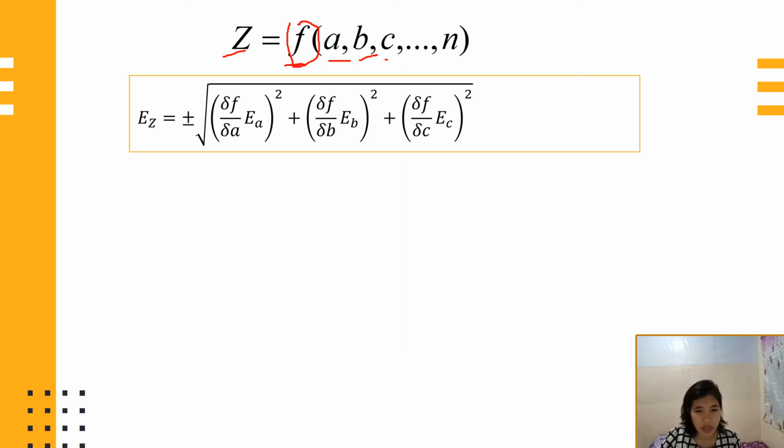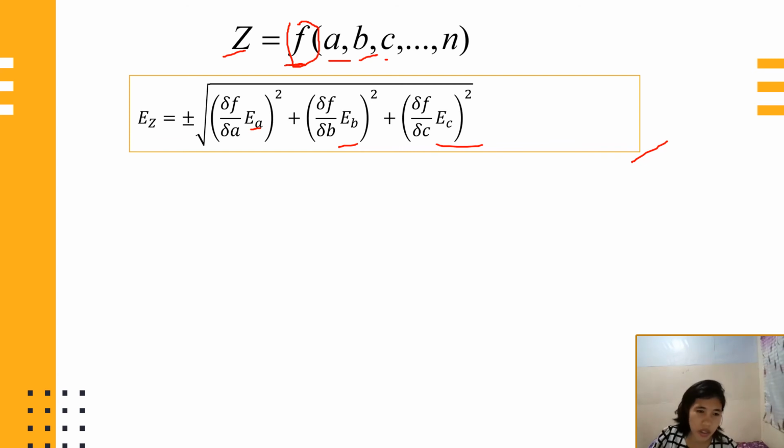If we follow this concept, the error of Z, or the error of the volume, is equal to plus minus the square root of the derivative of f with respect to a, times the error in a, and the same goes with the other independent observations.